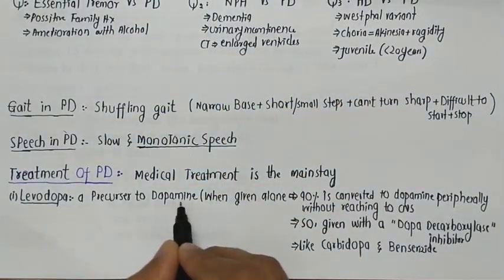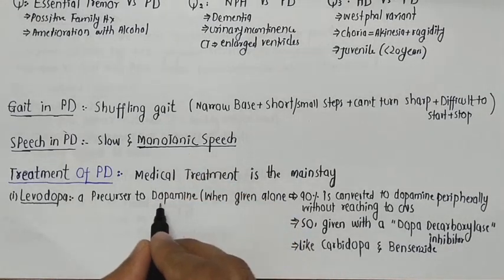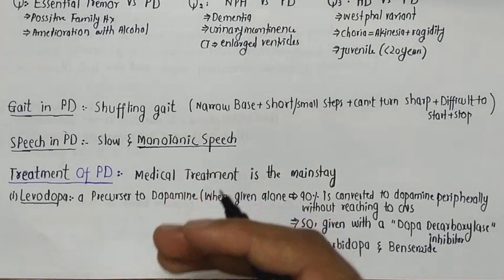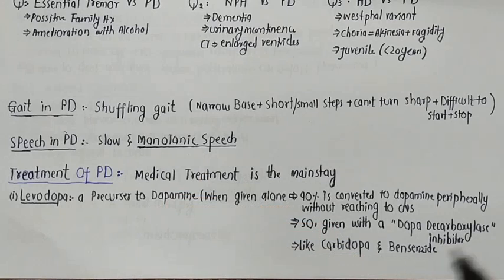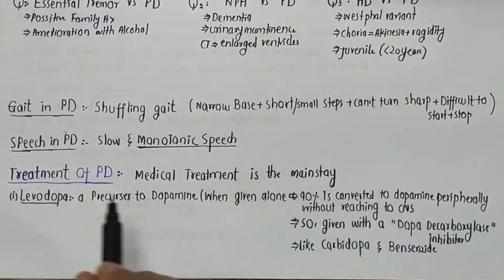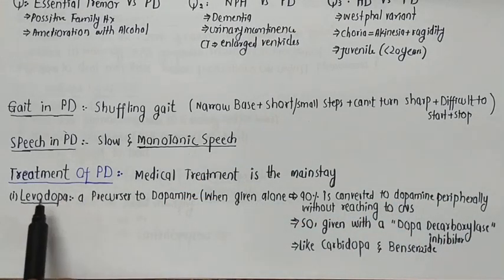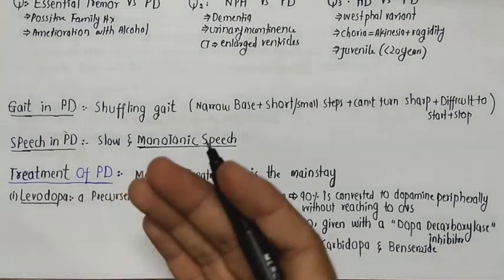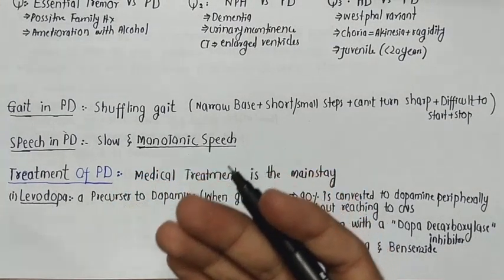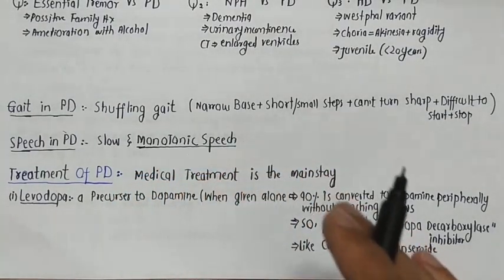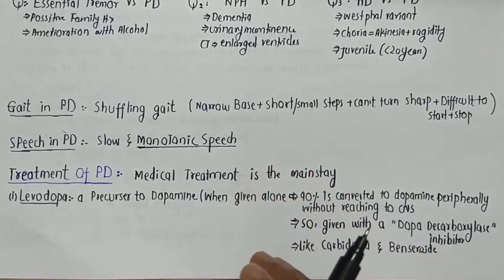There is decreased dopaminergic tone and increased cholinergic tone. So we have two options in the treatment of Parkinson disease. Either we increase the dopaminergic tone or we decrease the cholinergic tone.